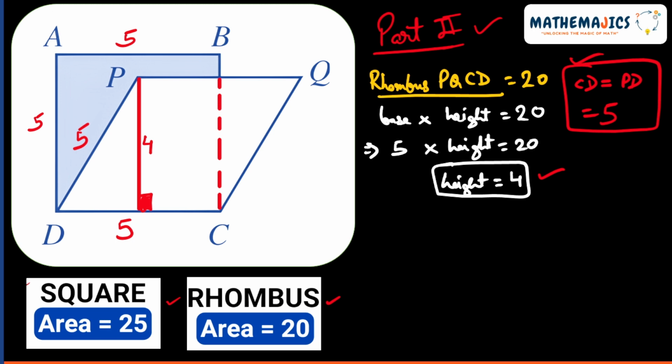Now we will be applying Pythagoras theorem in this right triangle. I will mark a point here so that you can understand properly. Let this be point X. So we will be applying Pythagoras in right triangle PXD.